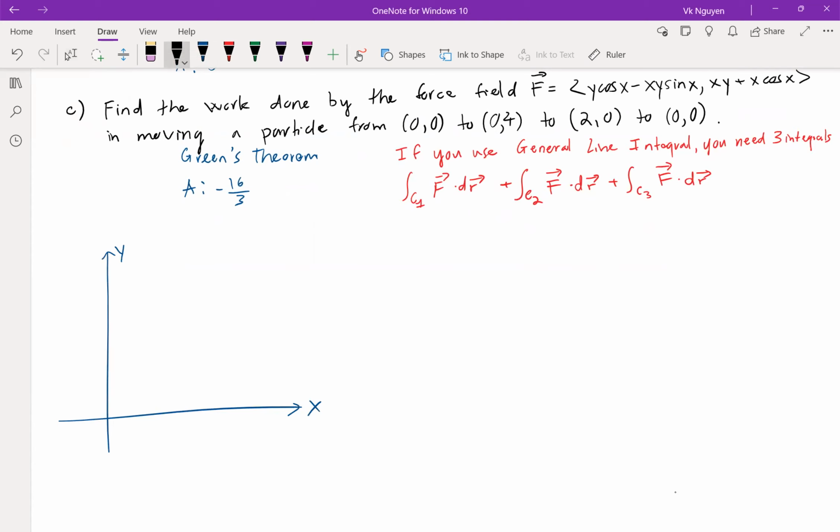Okay, so we are moving from 0, 0 to 0, 4, I mean 0, 4, and then 2, 0, and back to 0, 0.